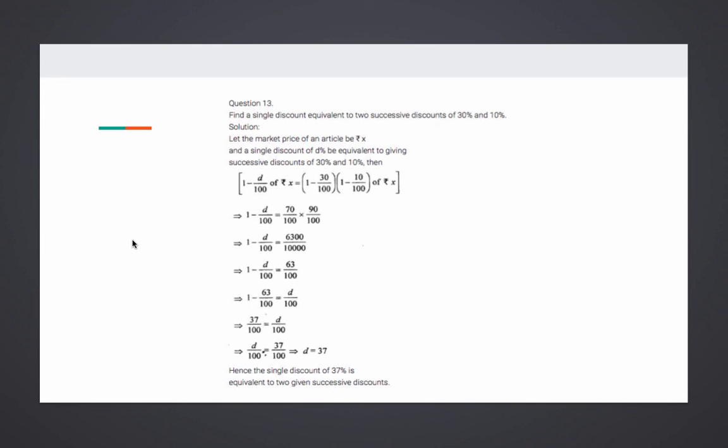This is what it means. In your previous junior classes, you must have done the tabular form, right? 2 pencils purchased, 20 is the cost. What will be the cost for 5 such pencils? So you prepare a table for the number of pencils and the cost, and accordingly you find out the direct variation.